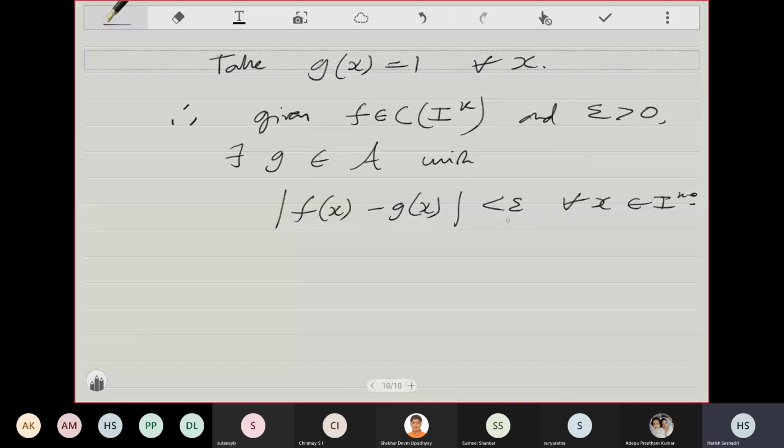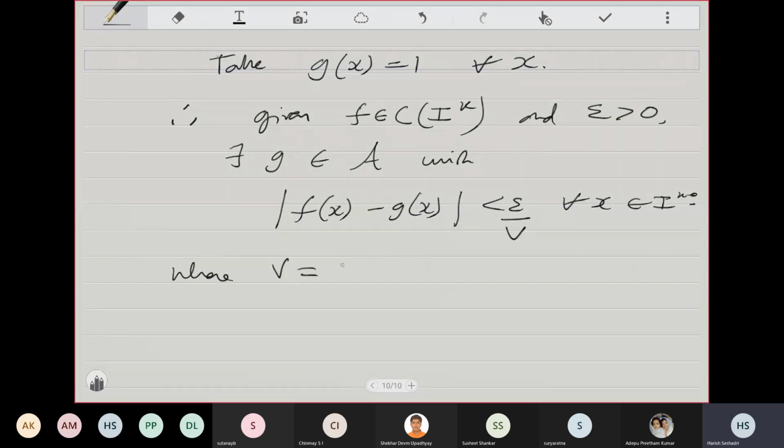But to get the same epsilon, let me throw in a constant V, where V is intuitively the volume of the cube, the volume of the k-cell.